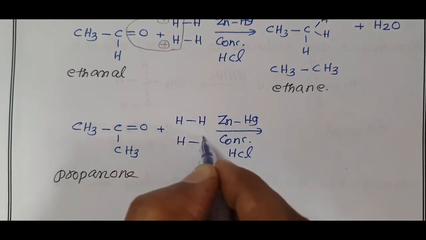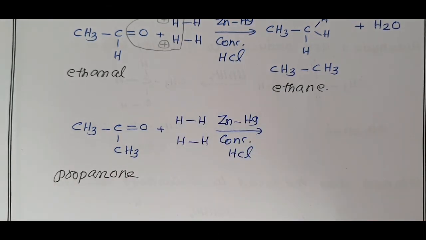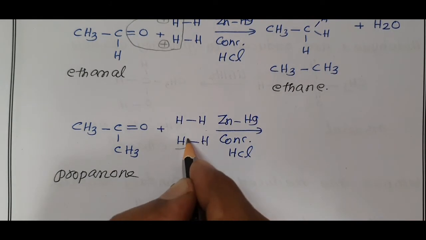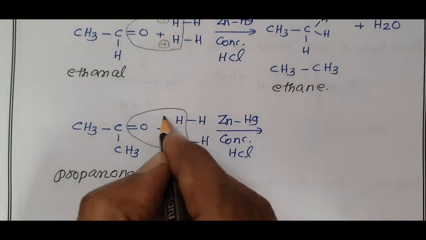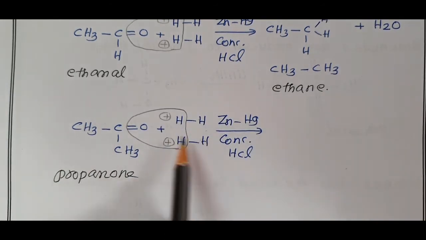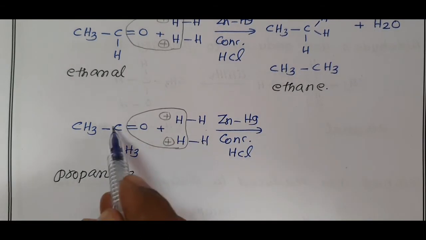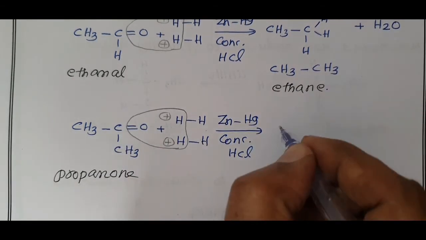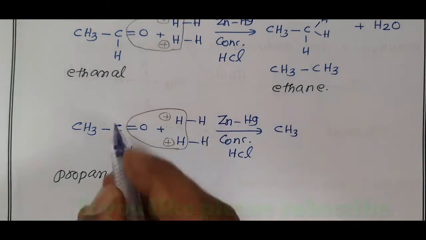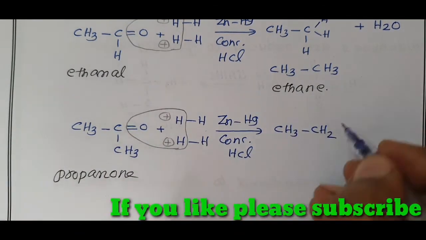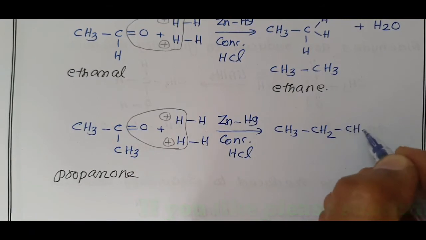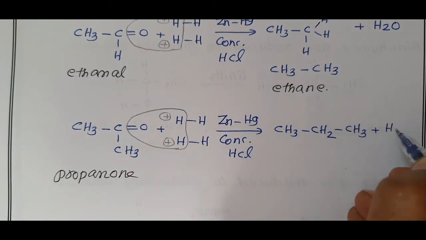2 molecules of H2. H plus, O2 minus removed as H2O. These 2 hydrogens are added to this carbon atom and give CH3, CH2, here you have 1 CH3, plus loss of H2O.